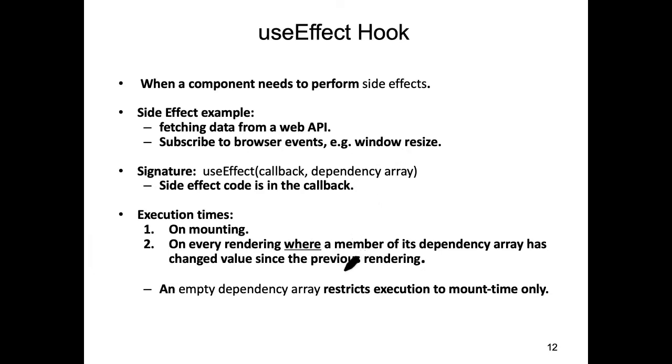So when a component re-renders, and if one of the entries in its dependency array has changed since the previous rendering, then the callback will be executed again. Consequently, if a component that has a useEffect hook re-renders, but nothing in its dependency array has changed since the previous re-rendering, then the callback won't be executed at all.